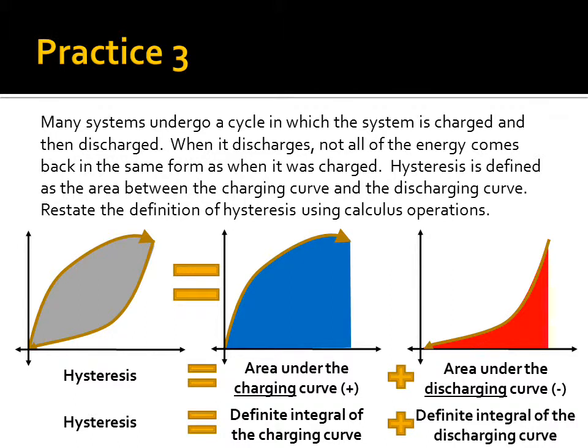Well, in some way we want to take this area, the red area, away from the blue area. But the fact that this is already going to be a negative definite integral means that this will already be negative, and so we add them in order to take this stuff away from this stuff. A positive plus a negative is the same thing as a subtraction problem.